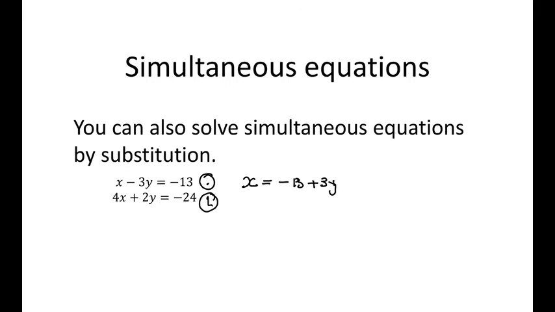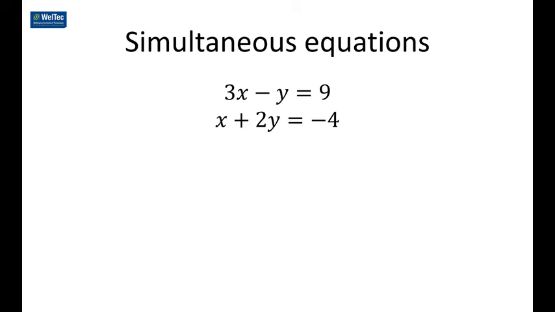Then if we use that in the second one, we reduce it to just being an equation in y. So we could write 4 times negative 13 plus 3y is equal to negative 24. And from there, we're going to get a value for y. Then we can find a value for x. Then we can check that it works in the first equation or the second equation.